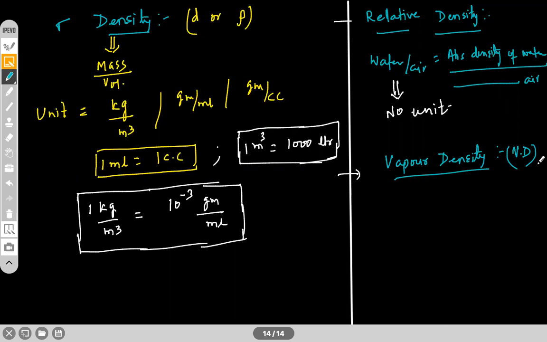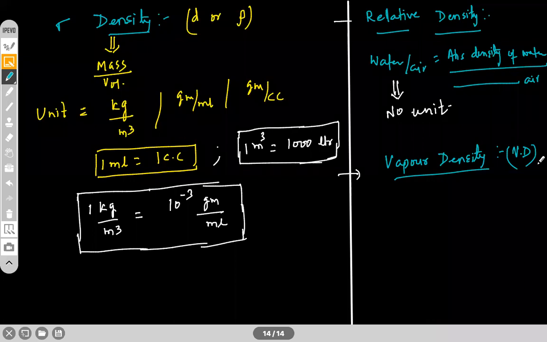So any gas, if you define its density with respect to the density of hydrogen gas, it gives you the vapor density of that gas.